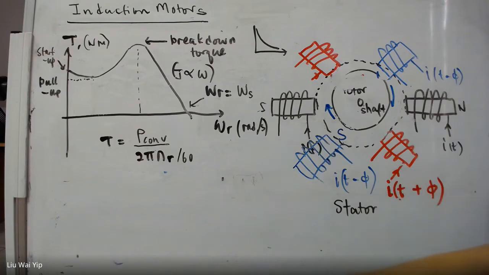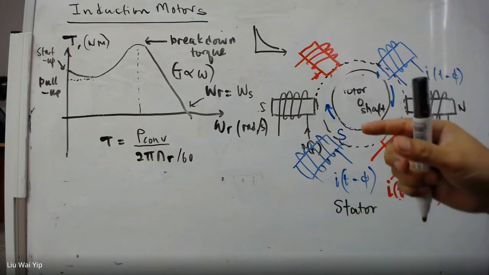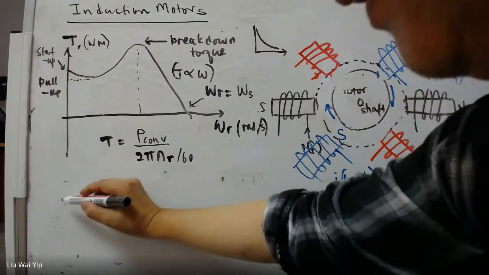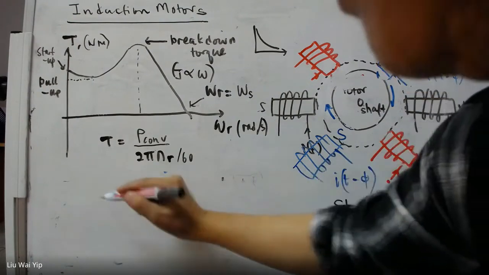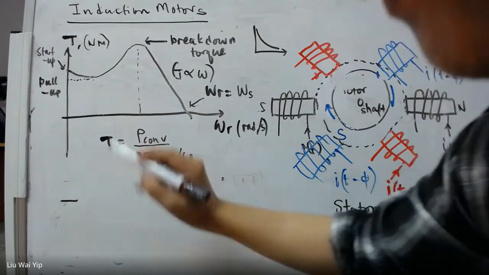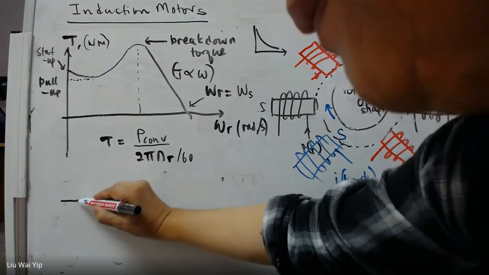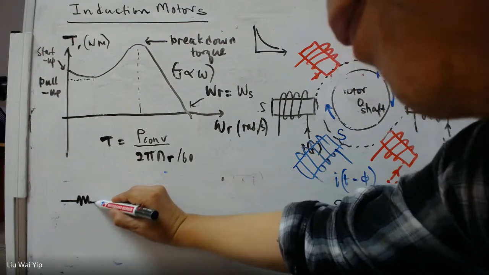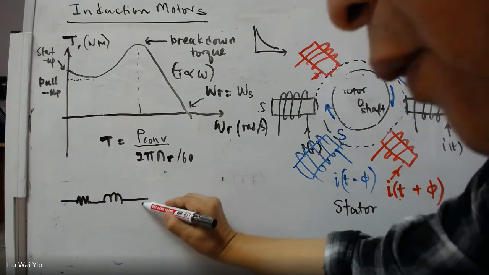The secondary of a transformer cannot rotate. So in this case, let's start with the model of a transformer. And in a transformer, we have a primary and we have a core.